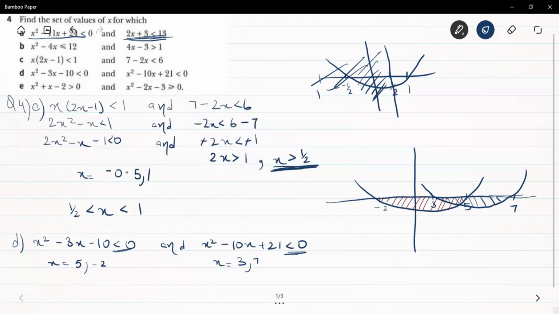So that's exactly what we want. The points where both of these equations are going to exist is what they have asked us in the question. So we are going to say that x is actually greater than 3, but x is lesser than 5. And that's our answer.